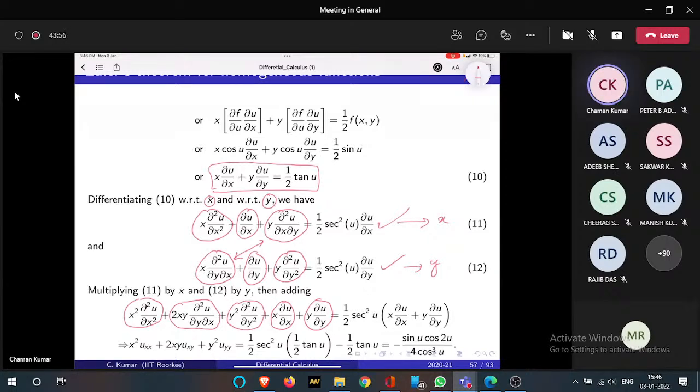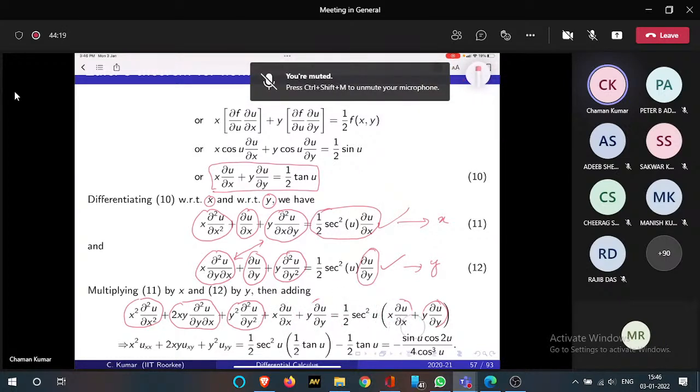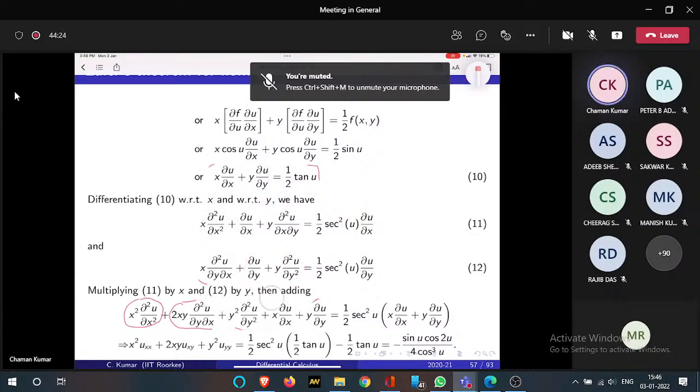So the left hand side is exhausted. On the right hand side we will have x into, you can take 1 by sec square u outside, so you have x into del u and y into this first derivative. So after this you get this equation, and now we can use equation 10.